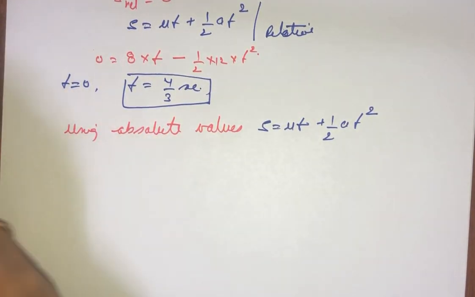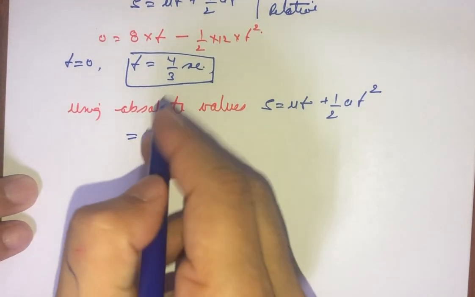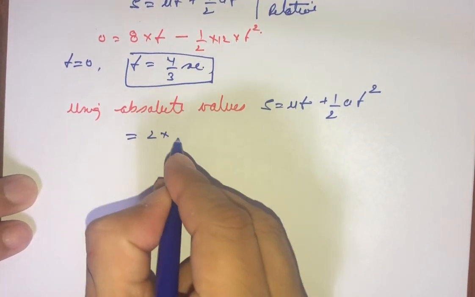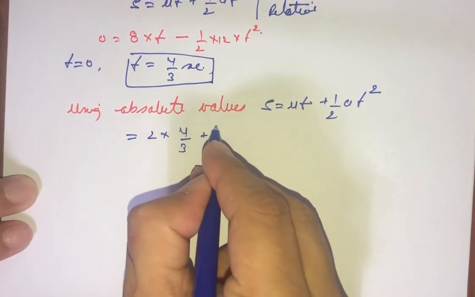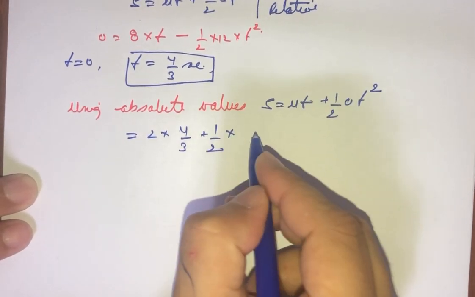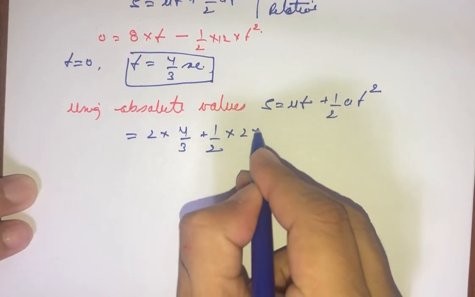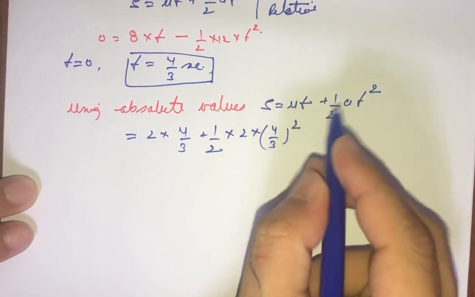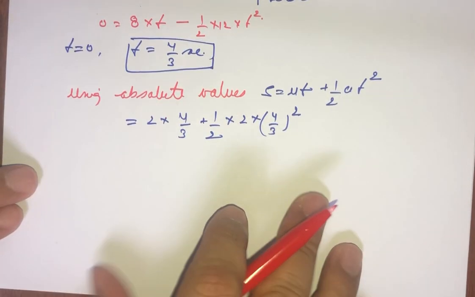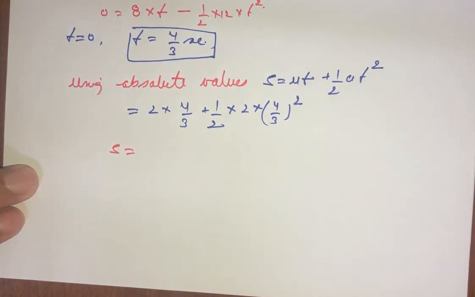So we can find out the distance. The absolute value u is given as 2, time is 4/3, and this will be plus half, acceleration is given as 2, and time is 4/3 whole square.